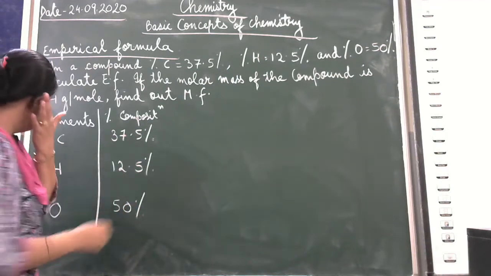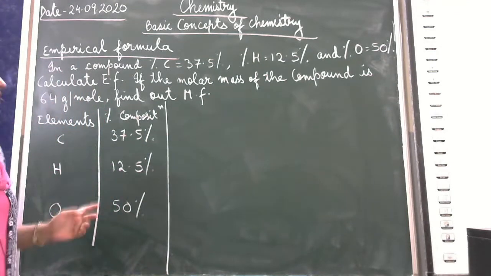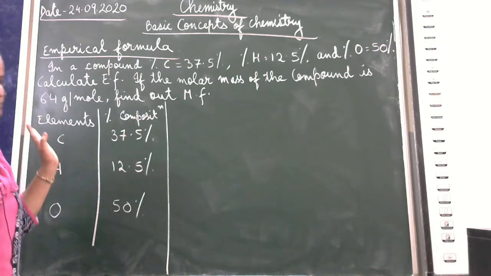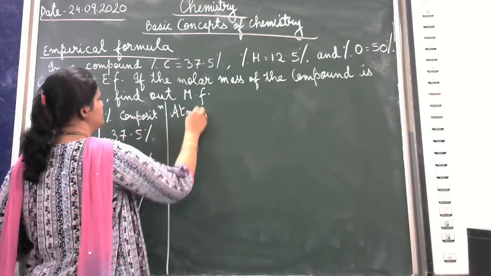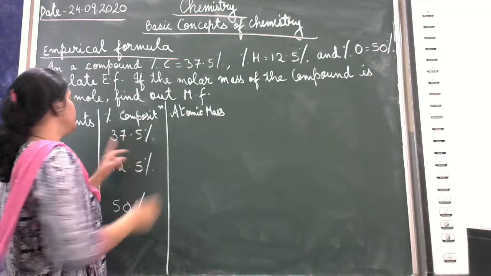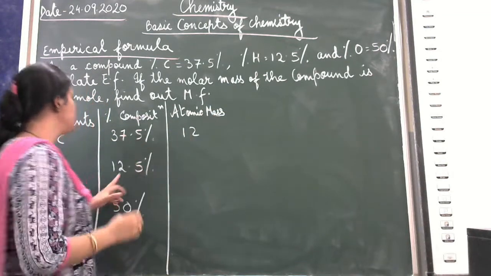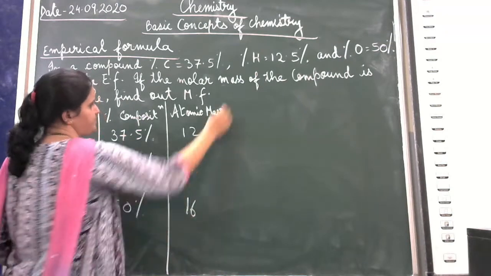Okay. Next thing we are going to write is the atomic mass of these elements, of the respective elements. So, the atomic mass of carbon is how much? It is 12, isn't it? Hydrogen is 1, oxygen it is 16.